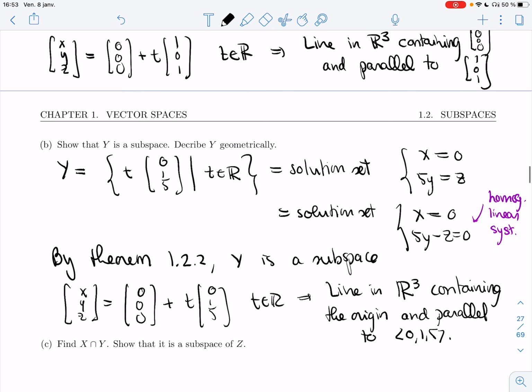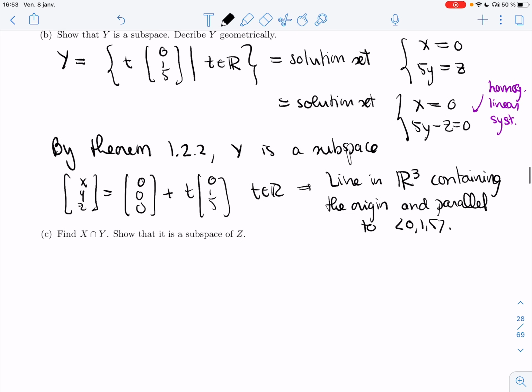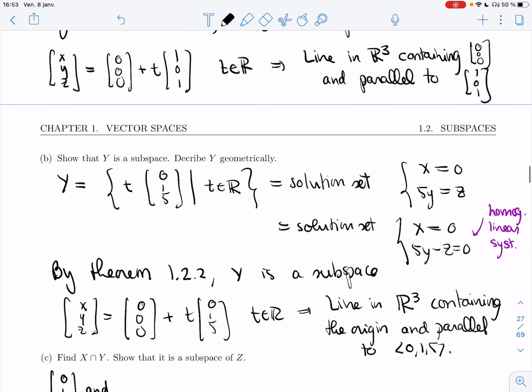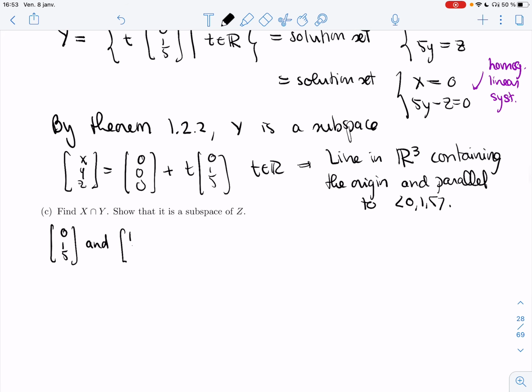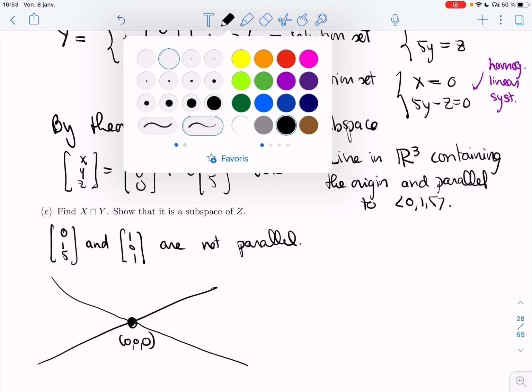I want to find the intersection, and I'm going to show it's a subspace of Z. Well, we have two lines, and since (0, 1, 5) and (1, 0, 1) are not parallel, the lines are going to look like this. So here's the point that they start at.